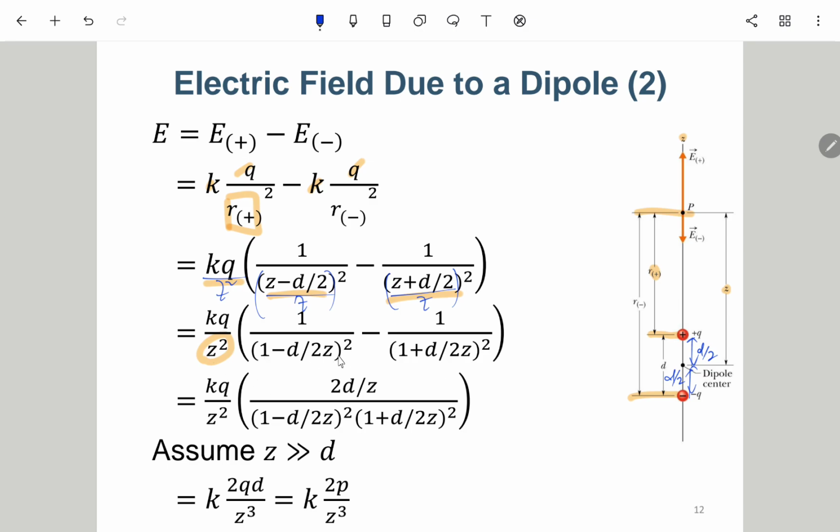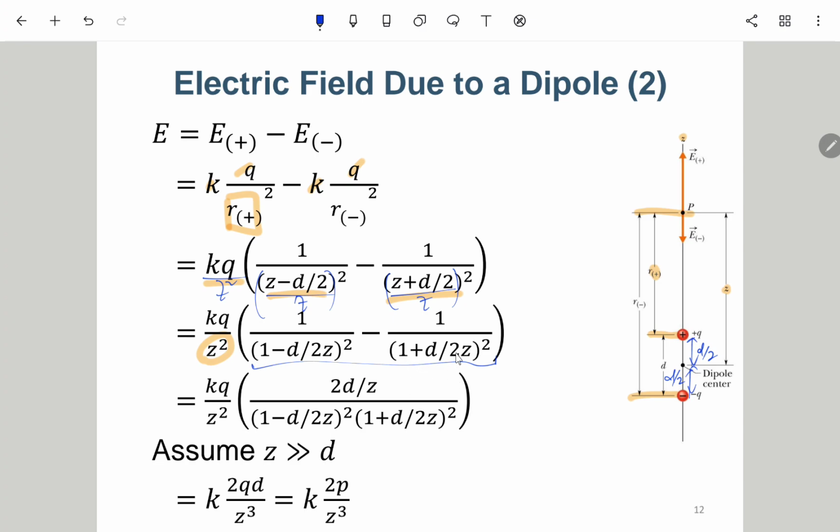Now we add them together, or rather do this subtraction. The denominator will be this term multiplied by this term, and the numerator will be this term minus this term.